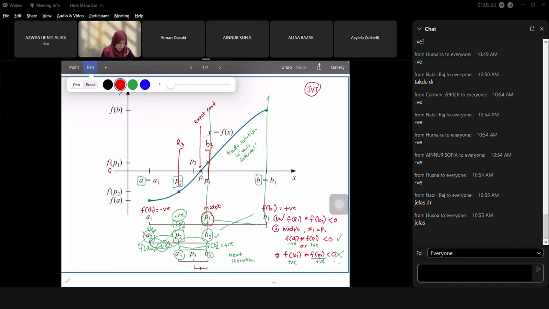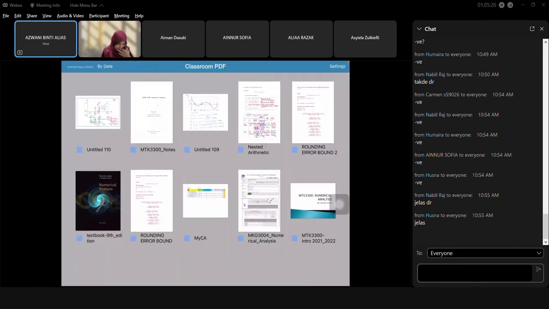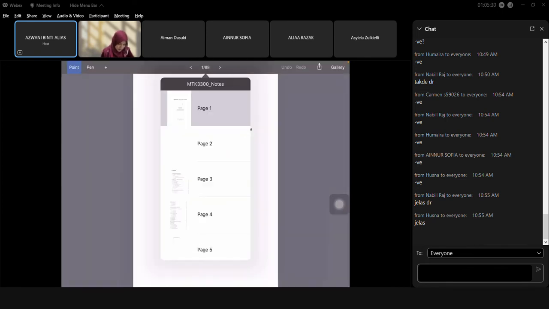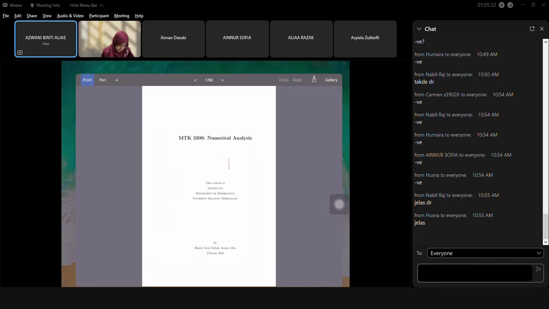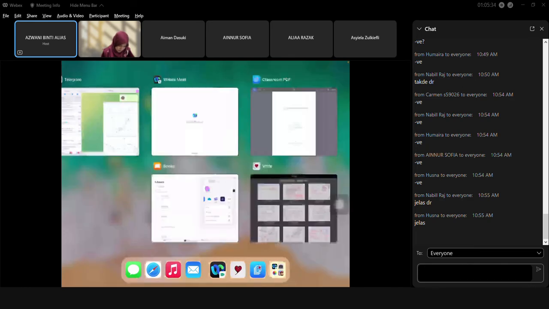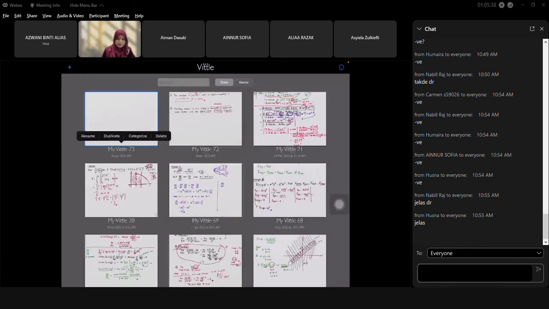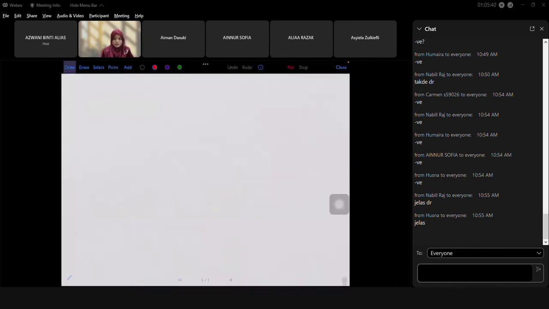Okay, so stop this one. Dalam nota ni tak ada contoh soalan sebenarnya. Saya bagi yang lain ni. Nampak tak?